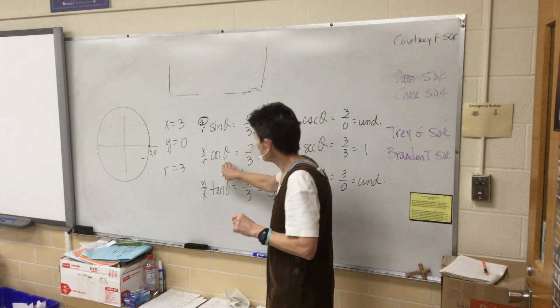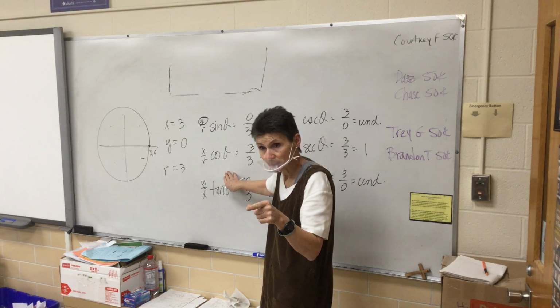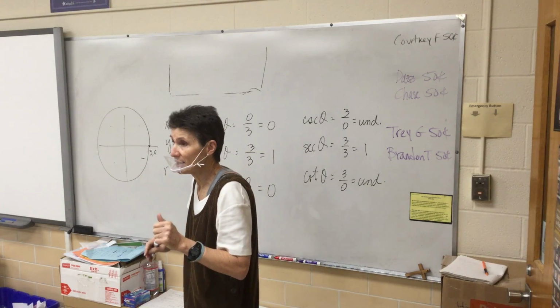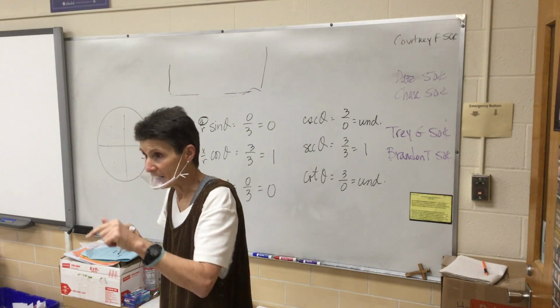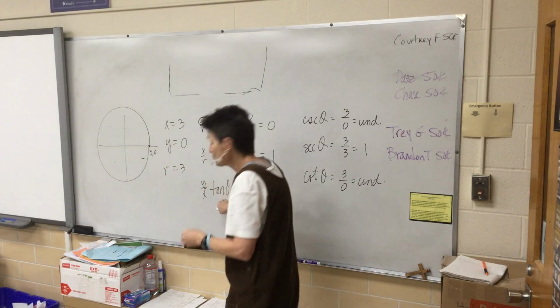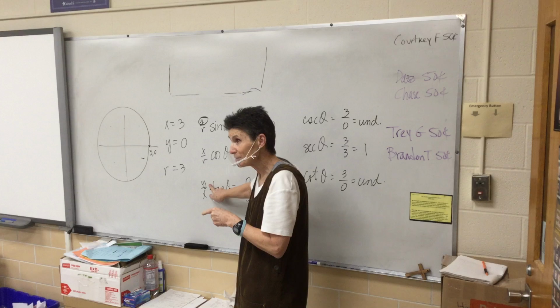And the same thing is true of cosine, only it's associated with x. So if somebody says to me, Lisa, when is the cosine positive? I immediately think, when is x positive? Because cosine goes with x. Tangent is a little tougher because it actually goes with both.